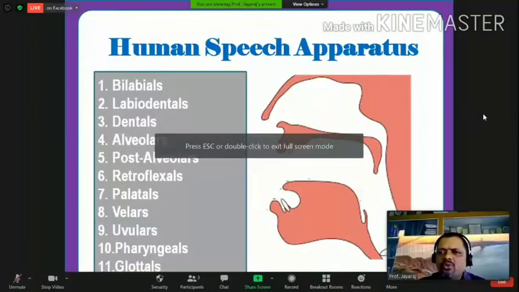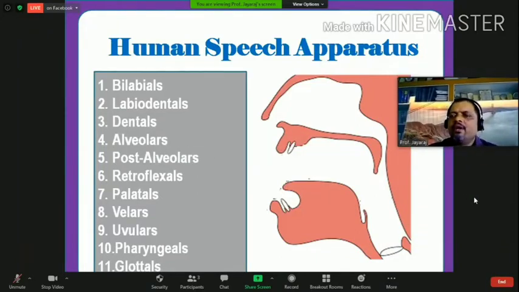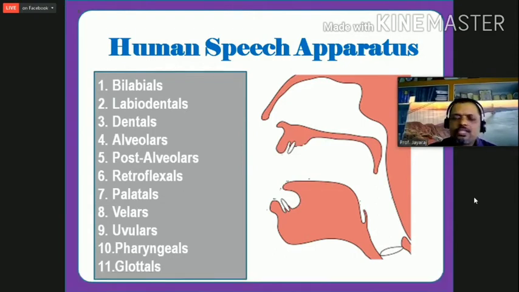There is no 12th place of articulation in human history. By research, the linguists, phoneticians and phonologists have arrived at these 11 places of articulation and say that these are the only 11 places humans use across human languages.